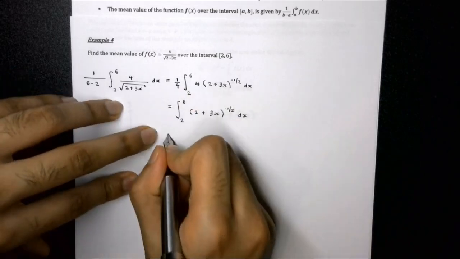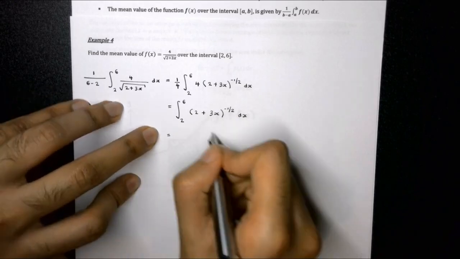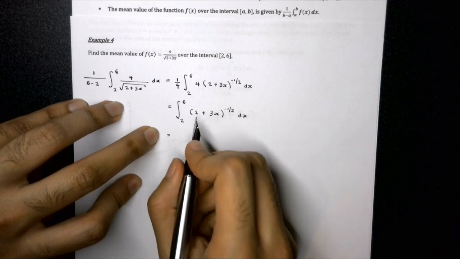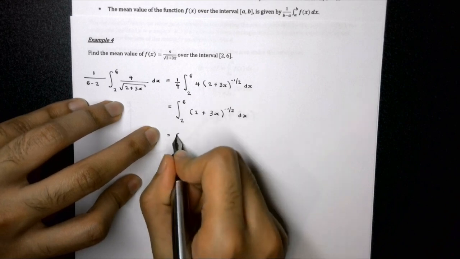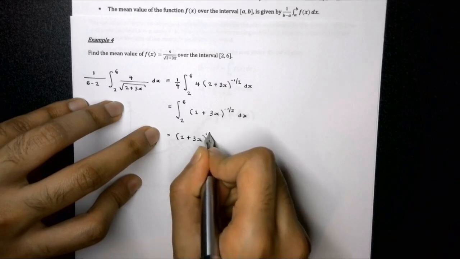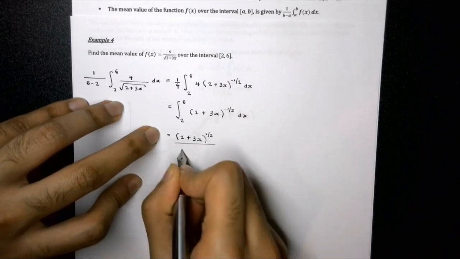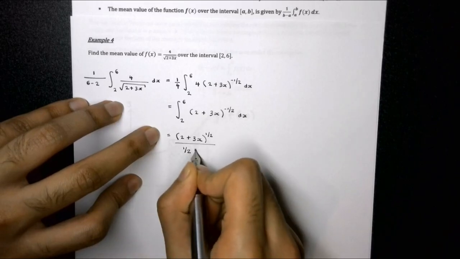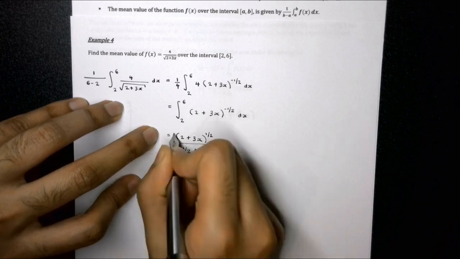Now, if we use the reverse chain rule to help us integrate this, if we add 1 to the power, we get 2 plus 3x to the power of 1/2. We then divide by the new power, which is 1/2. We divide by the differential of the bracket, which is 3.